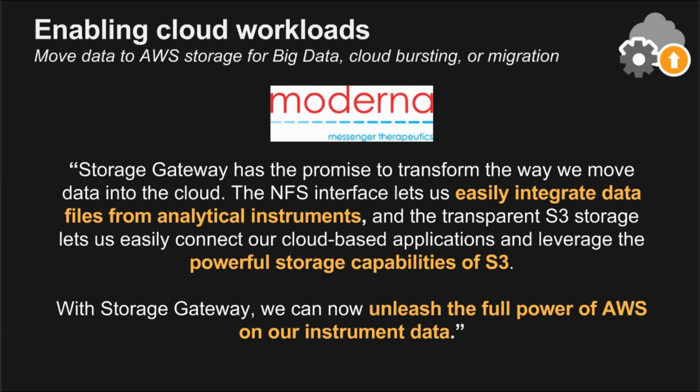That data gets transferred up into S3, and it can be archived for long periods of time, and it can also be processed very quickly. So doing something like spinning up spot instances to take advantage of low-cost, on-demand compute, process the data, and get the results back again via the file gateway. It's a way for them to do this very quickly and for much less cost than if they were trying to build out that same environment inside of their own data center.